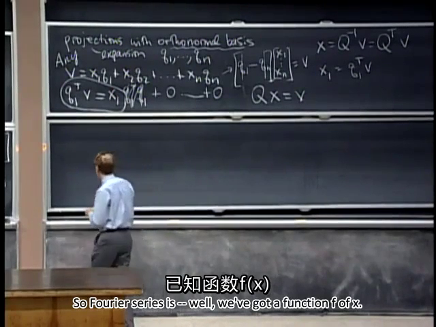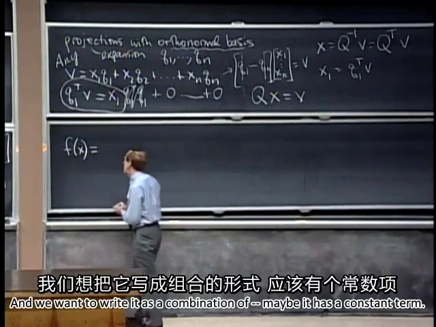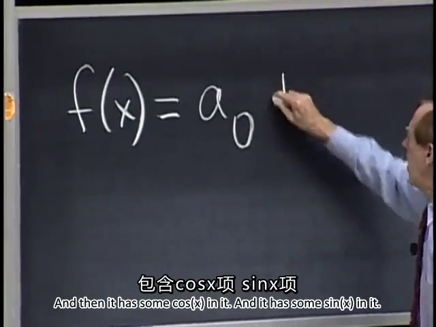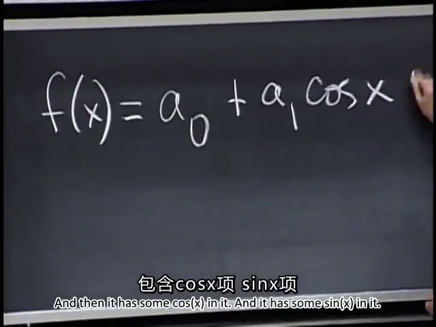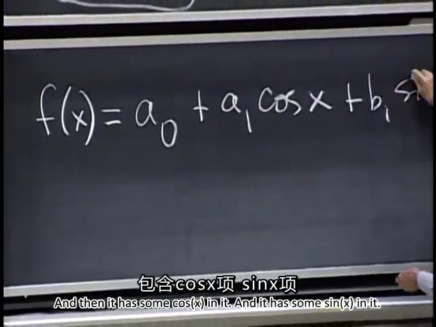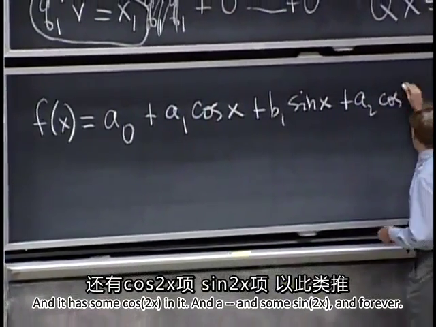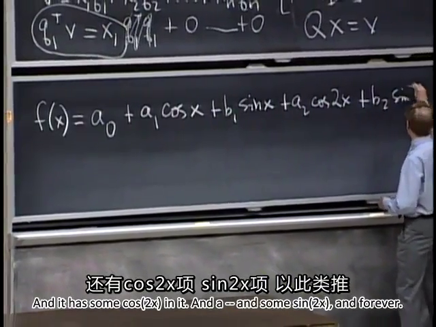We've got a function f of x. And we want to write it as a combination of, maybe it has a constant term. And then it has some cosine x in it. And it has some sine x in it. And it has some cosine 2x in it. And some sine 2x, and forever.